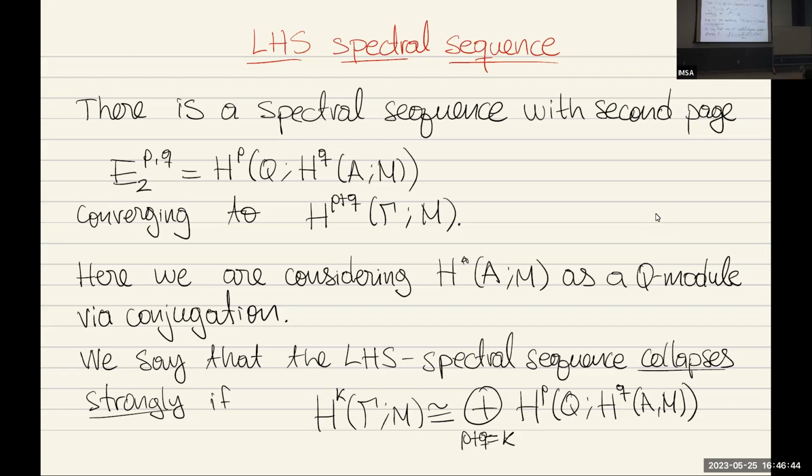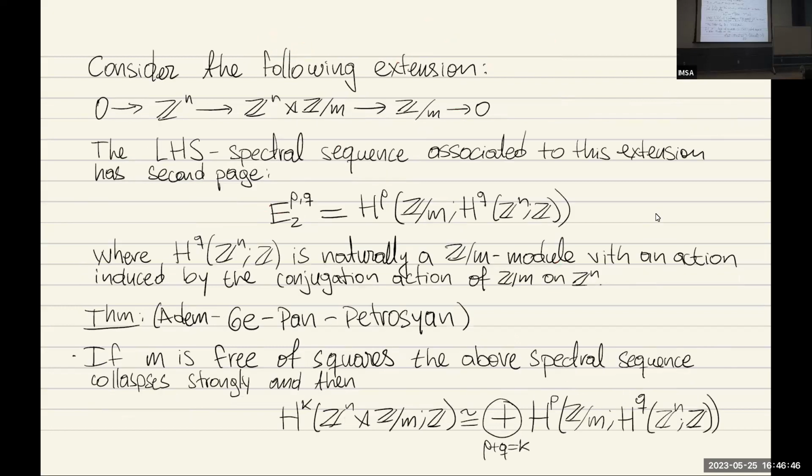Okay? Okay. So what happened with our groups? The semidirect product Z^n with Z over m. We could consider the following extension, the natural extension, with kernel the torsion-free part, and the quotient given by the finite group Z over m.